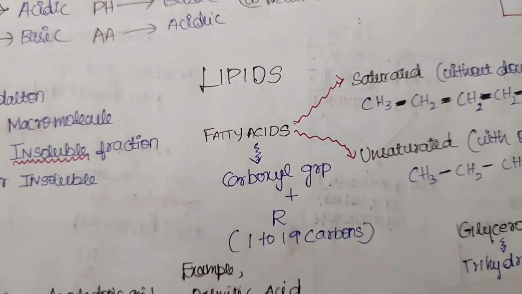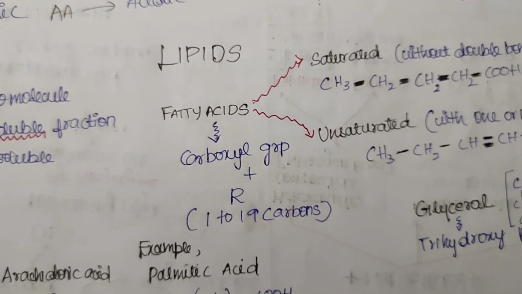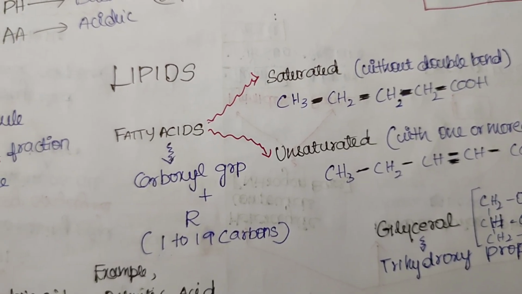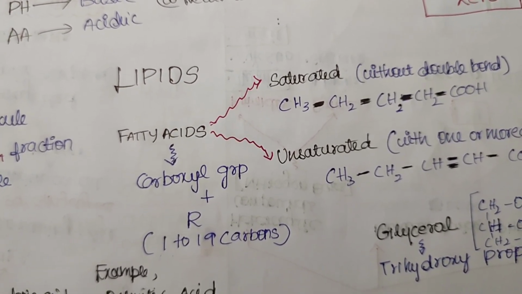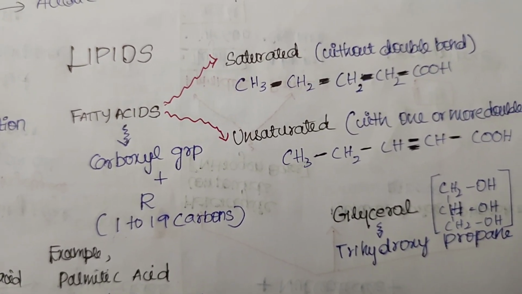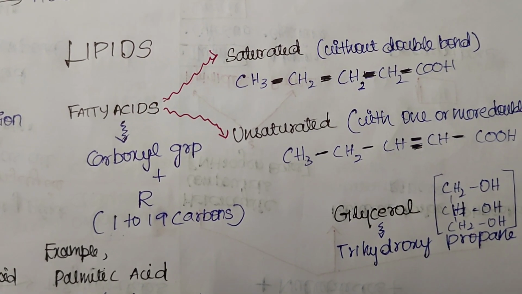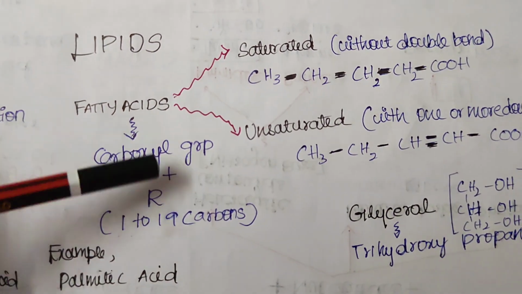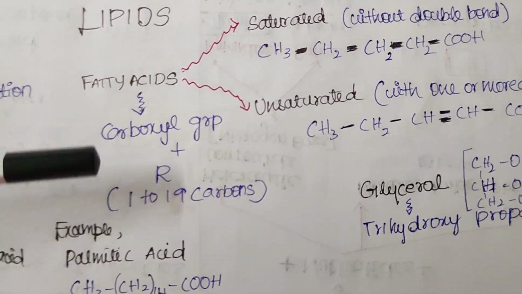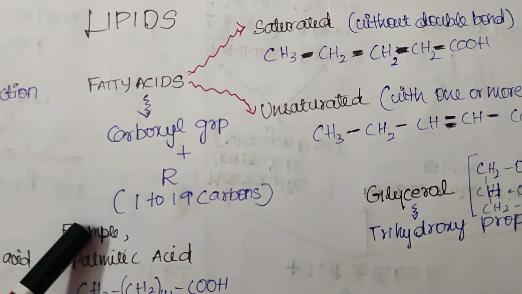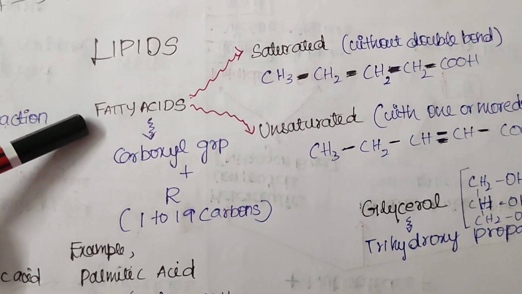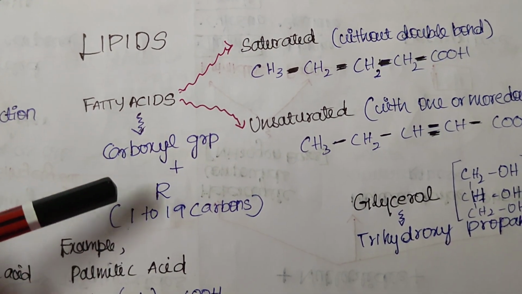Now we will talk about the formation of lipids. The lipids can be simple fatty acids, and a fatty acid is formed by a carboxyl group plus a variable group.